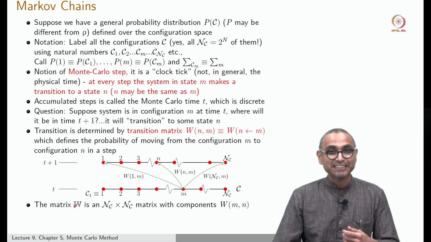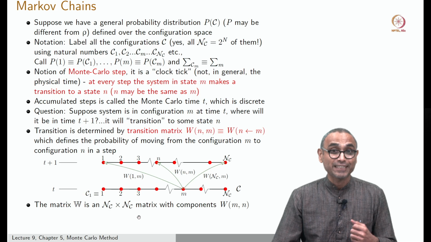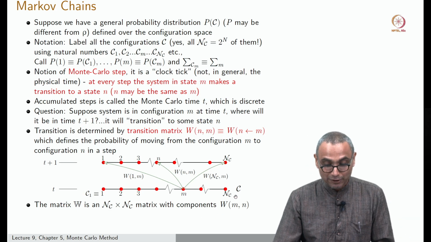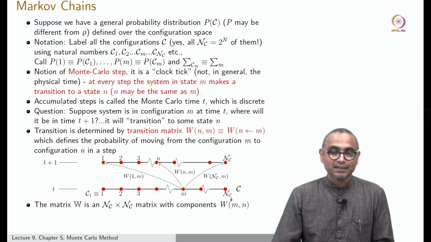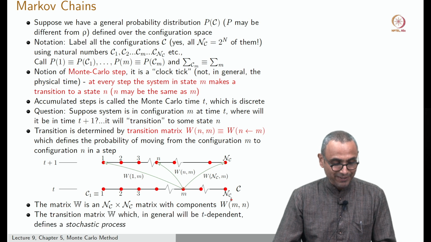The W matrix is a massively big matrix which is NC cross NC. So it is a 2 power n by 2 power n matrix with these components. So this might look a little daunting, but let's proceed and see where we can get with this.